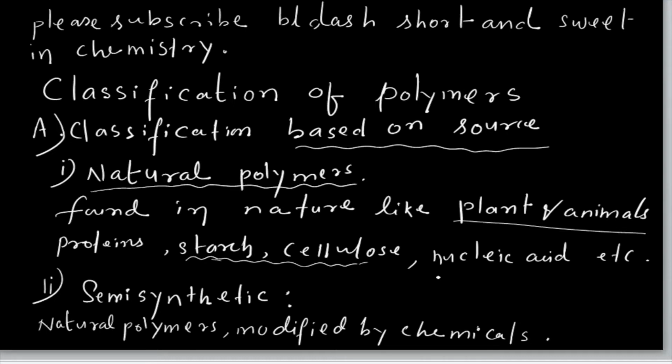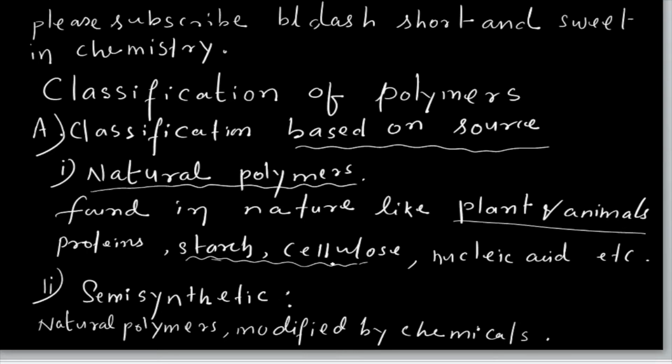Nucleic acid is available in our body, and so on. Protein is also one type of polymer available in plant and animal products, and that is called natural polymer. Natural polymers are not available in large amounts, that means you can't get so many polymers from nature.